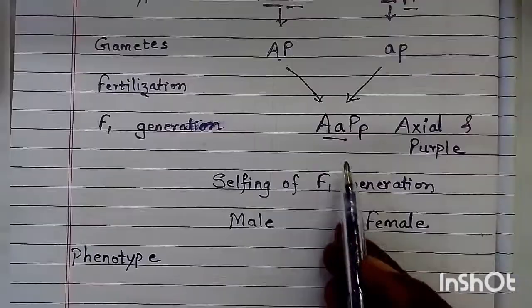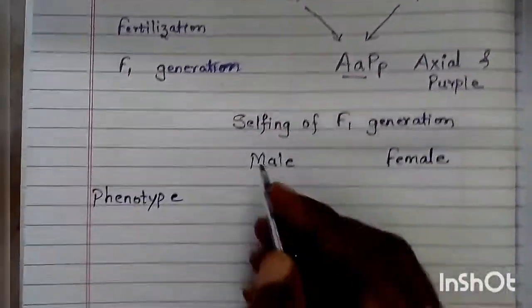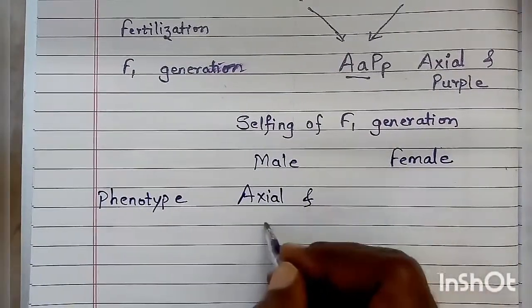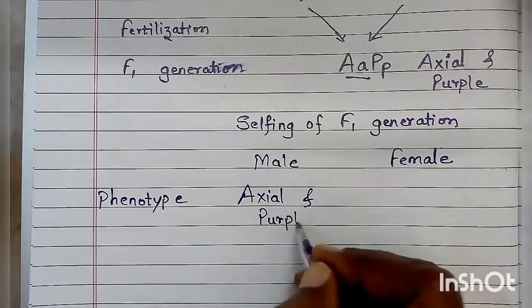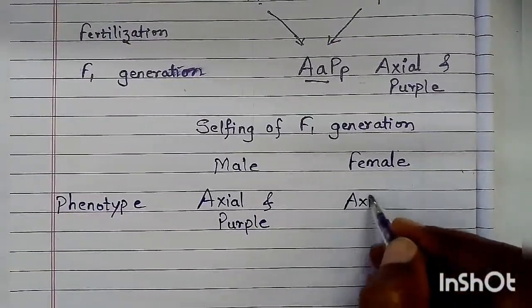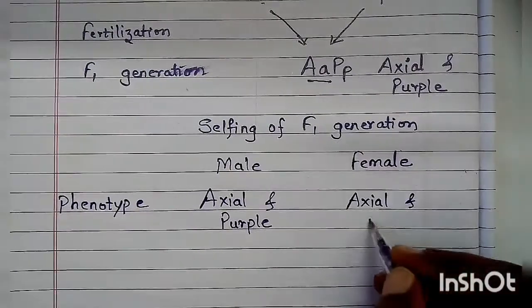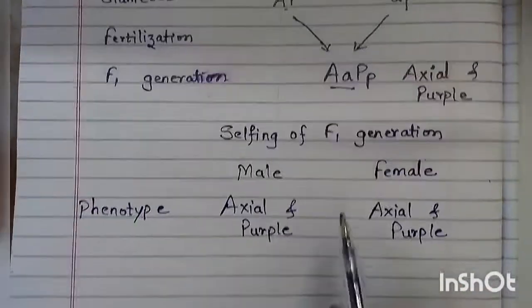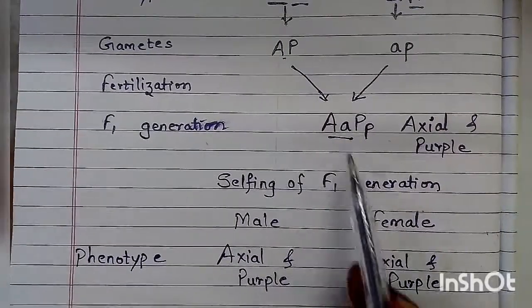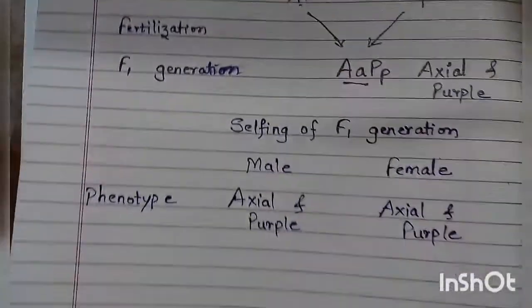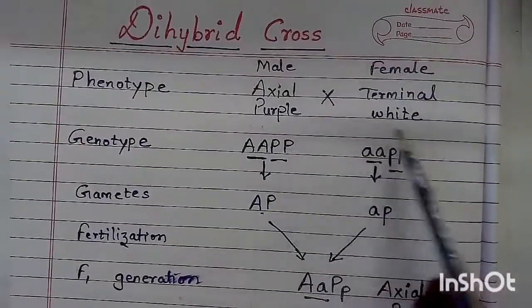What is the phenotype for the F1 generation? It will be axial and purple. The female parent will also be the same, axial and purple. Why are both the same? Because we have crossed the F1 generation with itself only, and this is the basic difference between the second parental generation and the first parental generation.